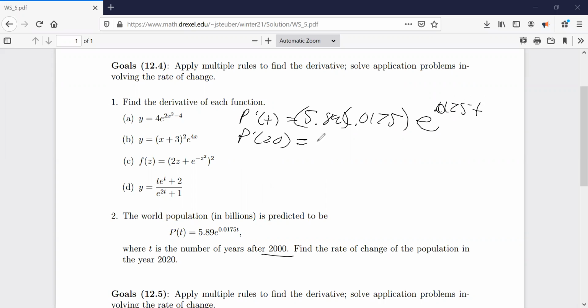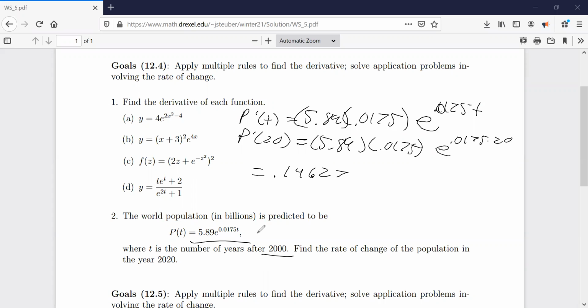It's just going to be equal to 5.89 times 0.0175 times e to the 0.0175 times 20. And now if we plug that in, apparently we get 0.14627.